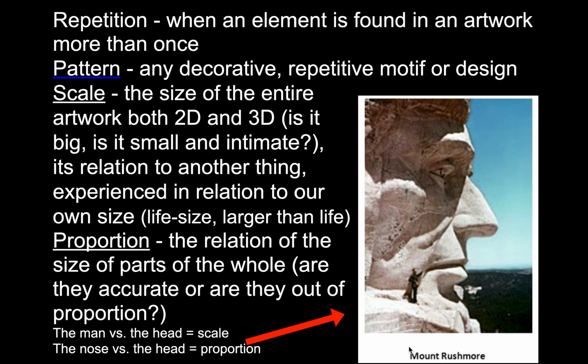Whereas a monument, say Mount Rushmore, or just a large scale painting, the larger it is, the further back you stand from it because you want to see the whole thing. And so more and more people, the larger it is, can view it at once. And so it takes away that intimacy.